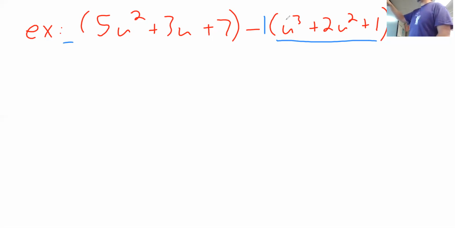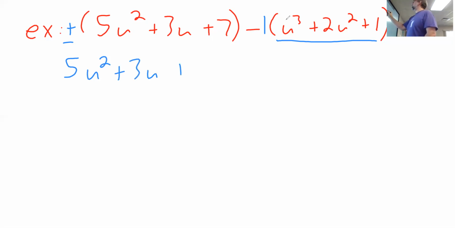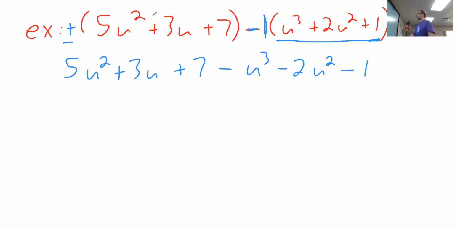There's nothing in front of this one, so it stays. If nothing's there, you assume it's positive. So I pull that out, it's 5u to the 2 plus 3u plus 7. And this other side turns into minus u to the 3, and, oh, I messed up, didn't I? Because that should turn into a negative. Because this negative 1 times positive 2u squared turns into negative 2u squared. And then negative 1 times positive 1 turns into negative 1.